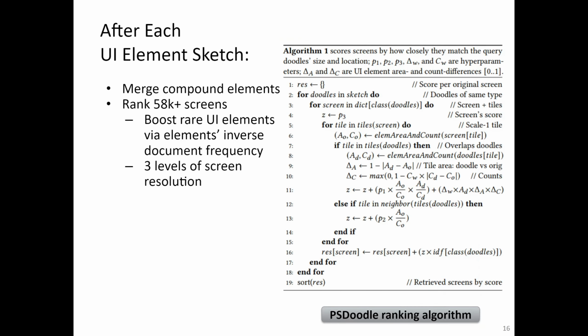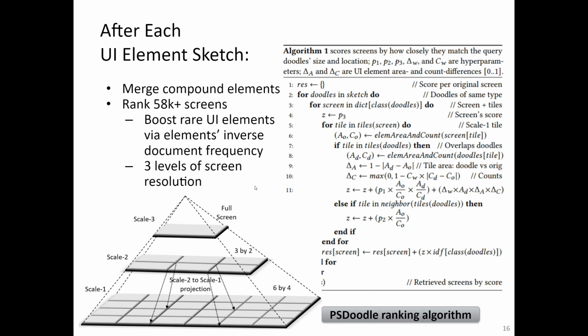After finding all those components or merging some compound components present in those doodles, PSDoodle ranks these 58,000 screens and boosts screens that have rare UI elements through their inverse document frequency. PSDoodle considers 3 levels of screen resolution for position matching between the sketch and the corresponding requested screen.